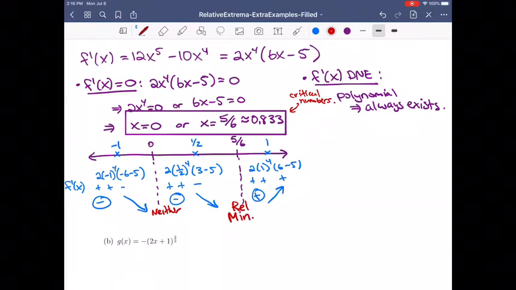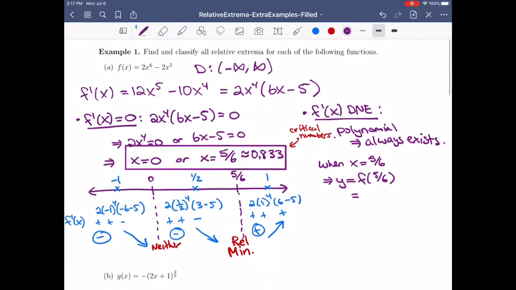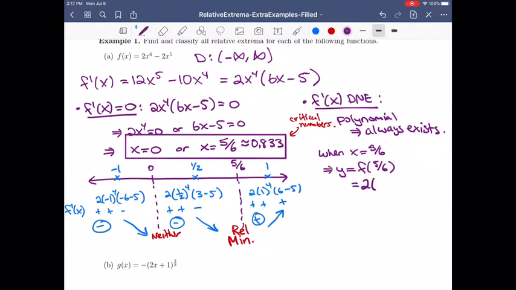So I want to find the y value. When x is 5 over 6, y is f of 5 over 6, so we're using the original function. This is 2 times 5 over 6 to the 6 minus 2 times 5 over 6 to the 5.